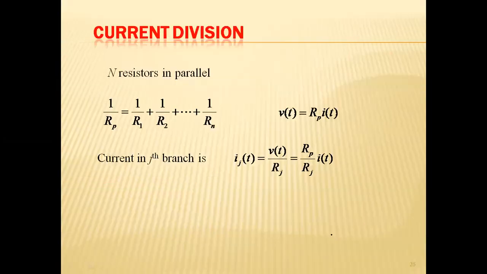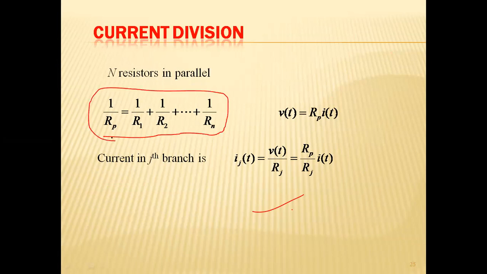Now next is the case if we have a number of resistors connected in parallel. Here I have written 1 by R1 plus 1 by R2 plus so on up to 1 by Rn. In that case, the total resistance is 1 by Rp, and V of t will be Rp times I of t.